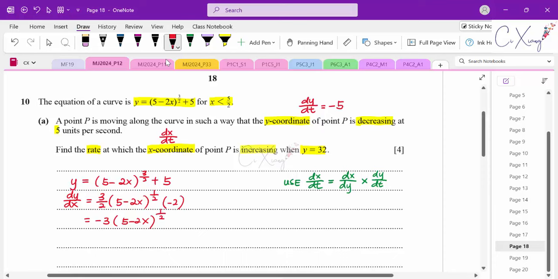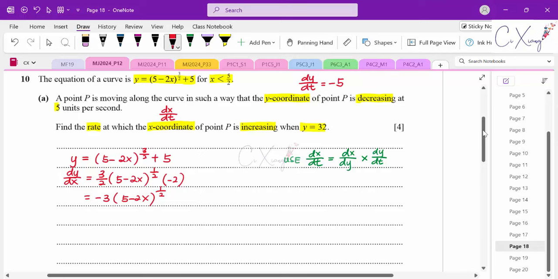Now I want to know the value of dy/dx when y equals 32. So let y equal 32. My equation becomes 32 equals (5 - 2x)^(3/2) plus 5.